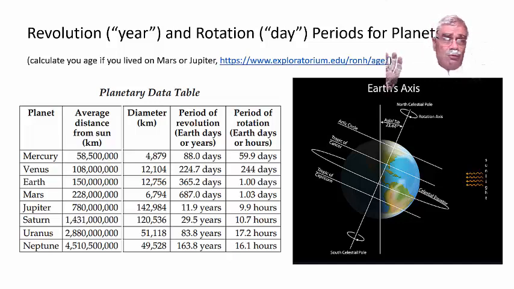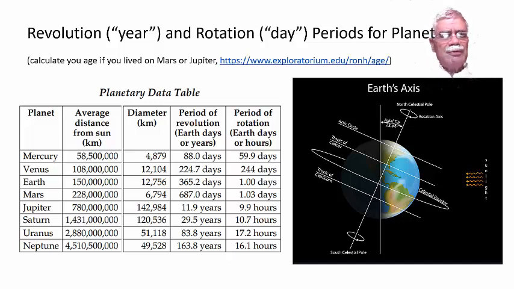Now, one way you can think about this is that because they're mostly gas, they can rotate more rapidly, but that still is very, very rapid rotation of that entire massive body. Even if it's gas, it's large. To go a complete turn, it's very, very rapidly. They're very rapidly rotating, and that may be one of the reasons why we talk about these storms that occur on the surface of Jupiter, because everything is moving so rapidly.